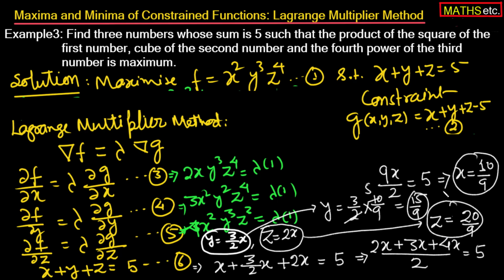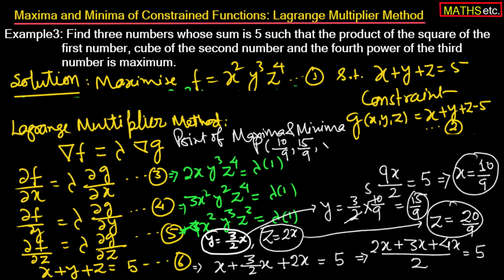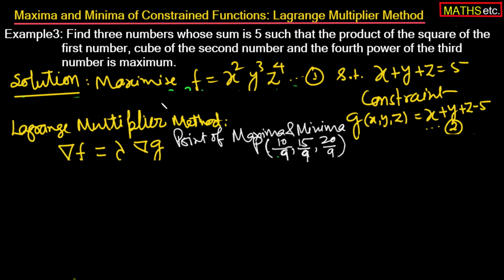So our point of maxima or minima is point P with coordinates 10 over 9, 15 over 9 and 20 over 9. So the point at which the function f, subject to the constraint x plus y plus z equal to 5, has a maxima or a minima is point P, whose coordinates are 10 over 9, 15 over 9 and 20 over 9, right?